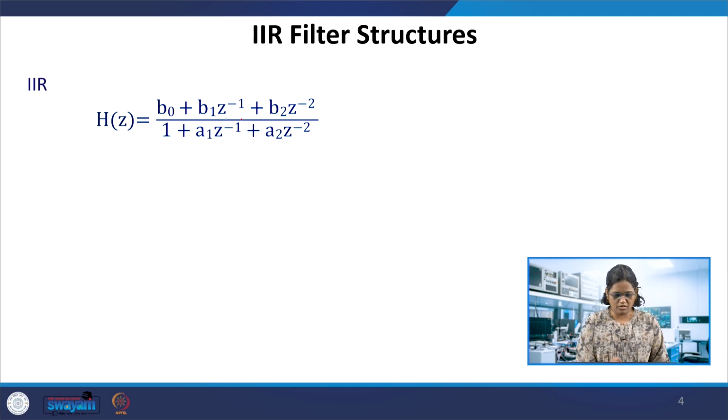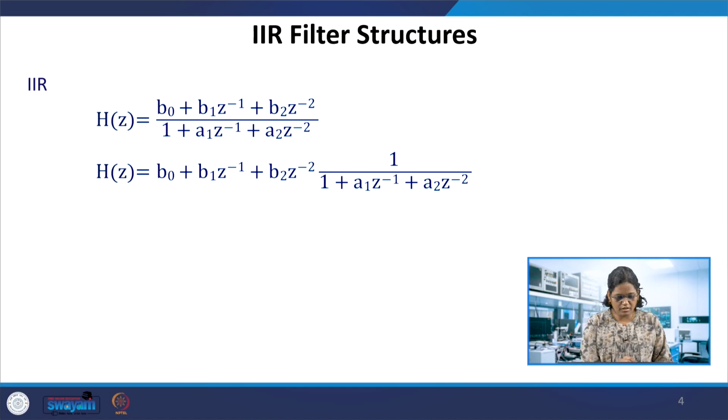Suppose we take three coefficients in the numerator, and let's consider 2 as the order here. So take this polynomial, with coefficients b0, b1, b2 and 1 plus a1 and a2. In this case, how do we get the structure for it?